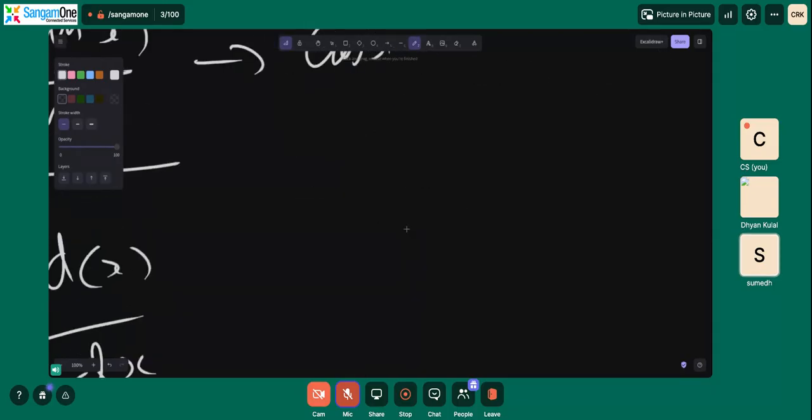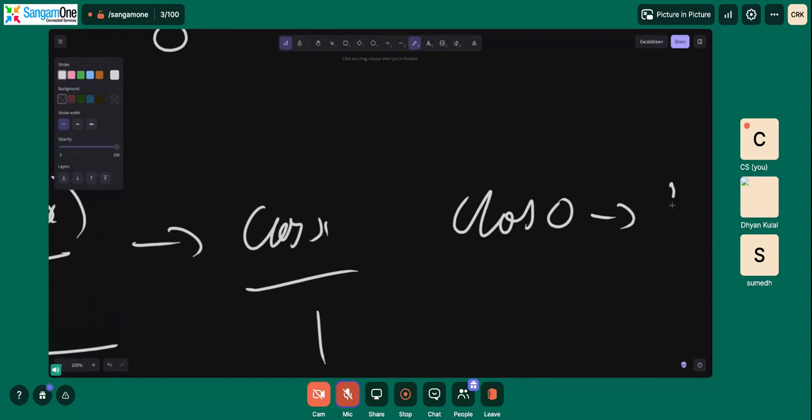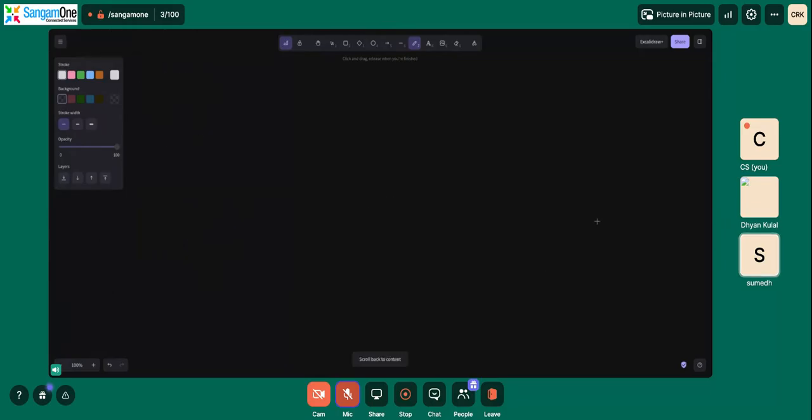That would be 1, right? Now if I apply 0, cos 0 is 1 basically. So you can see from undefined we were able to get some value for that limit. This is why we use L'Hopital rule. Understood.